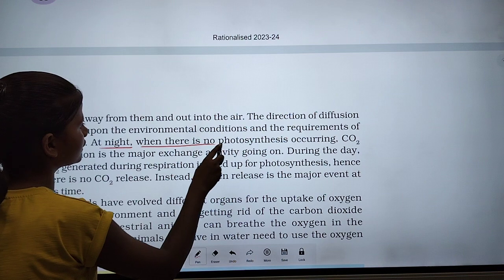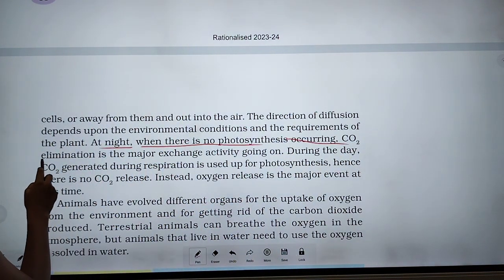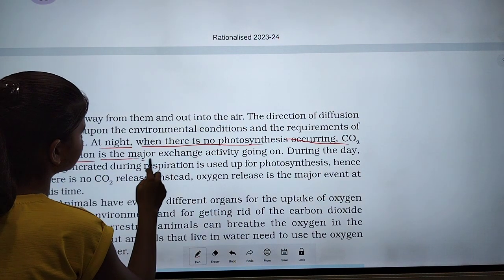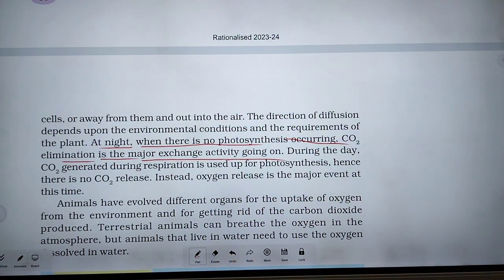At night, when no photosynthesis occurs, CO2 elimination is the major exchange activity going on.